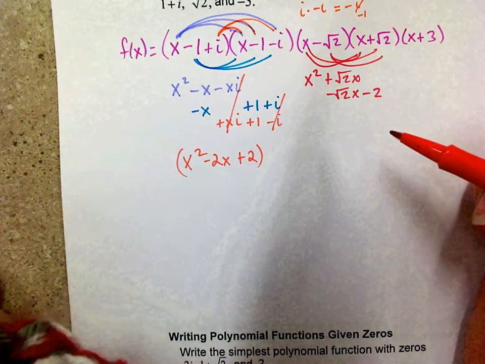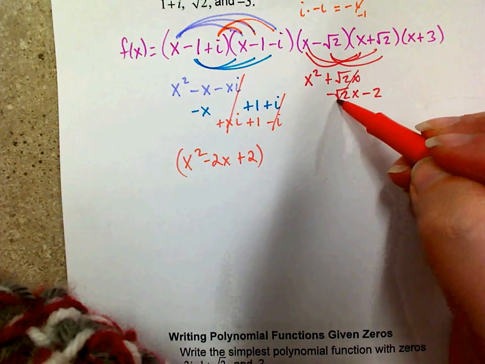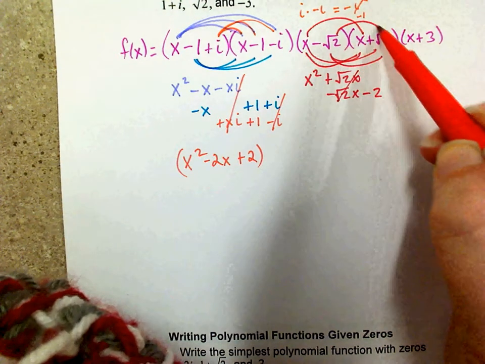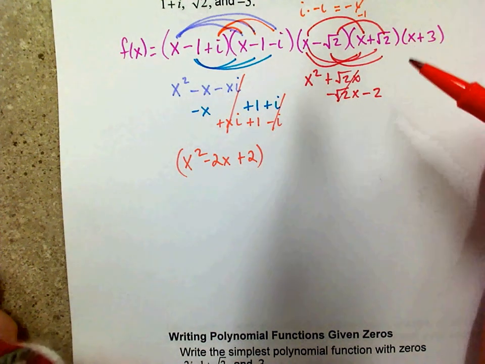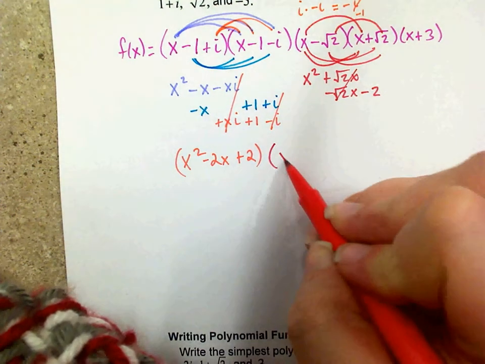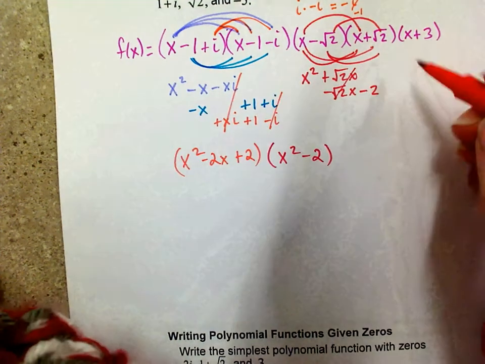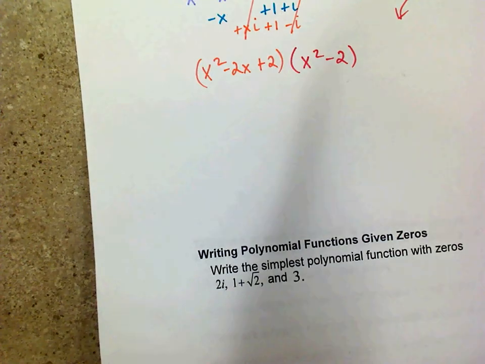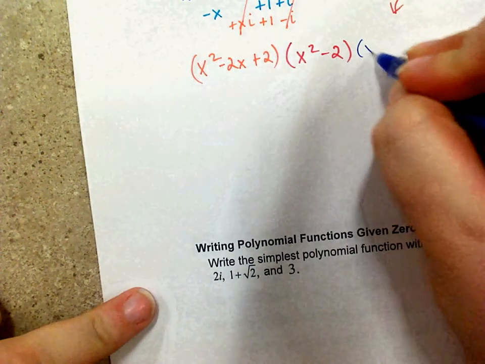Okay? Middle terms always cancel out, so when you're multiplying conjugate pairs, you might as well just multiply the first two and the last two, because otherwise the middle terms will go away. So this is x squared minus 2, and then don't forget to bring down the x plus 3. Okay?